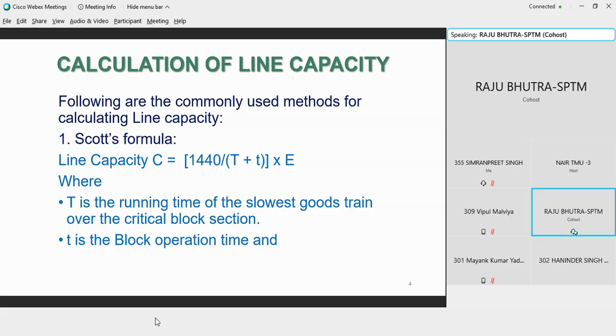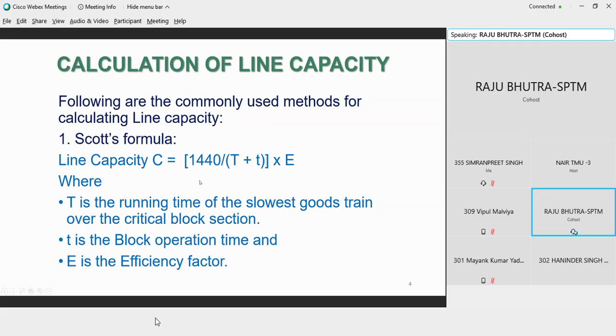So once the earlier train has arrived or passed through the station, in how much time can we give the line clear to the next train, and how much time will it take to depart or to enter the block section. So that is called the block operation. Small t is the block operation time, and E is the efficiency factor.